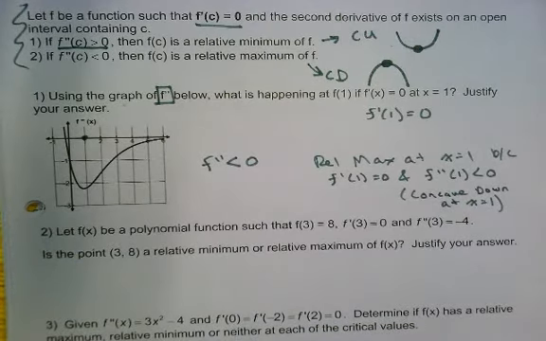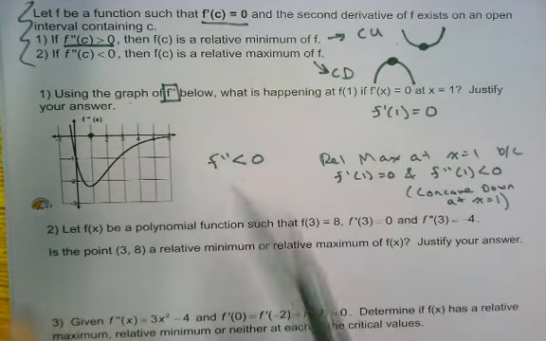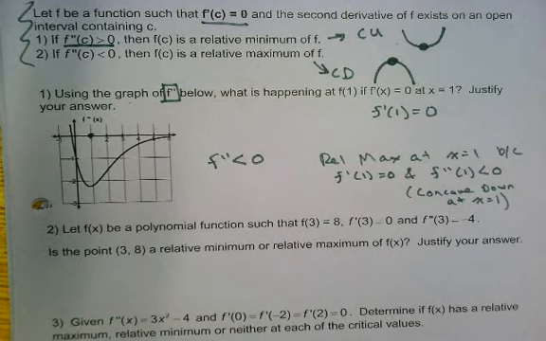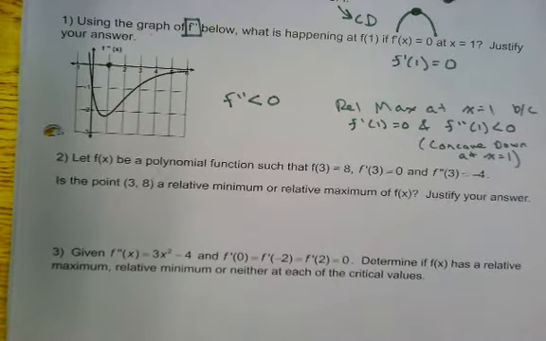Okay, again, we really wouldn't use this test unless we're forced to. So, like in this number 1, do I know enough about f prime of 1 to know if it's increasing or decreasing? No, I don't know enough about f prime before 1, after 1. So we have to use the second derivative test.